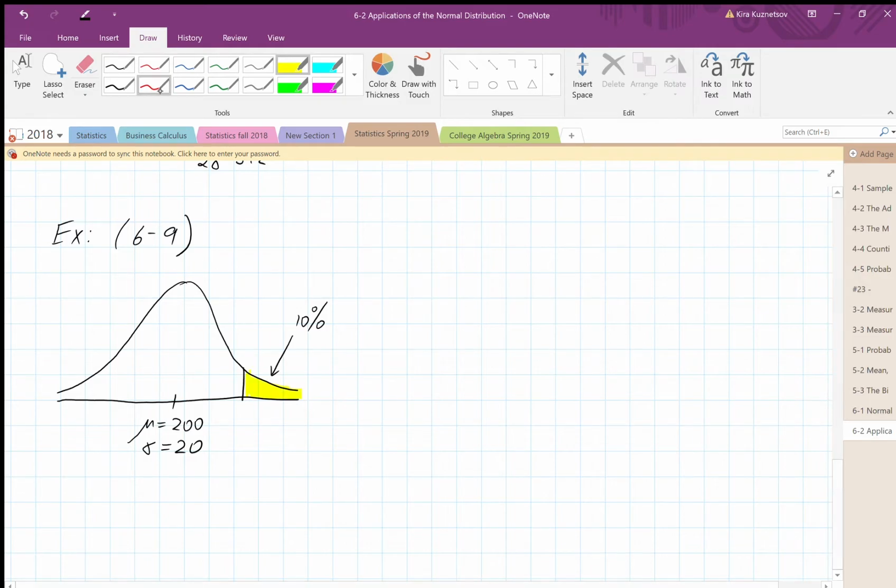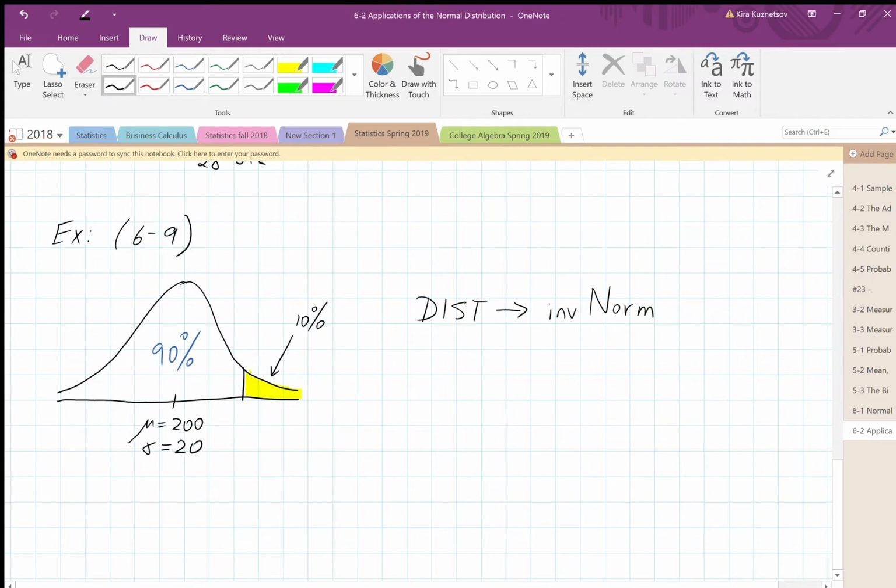Now, if you have a top 10%, that means that on the bottom you have 90%. The way the inverse function works on your calculator is it cannot calculate top percentile. It will only calculate bottom percentile. So under distribution, you will find a function that's called inverse norm.